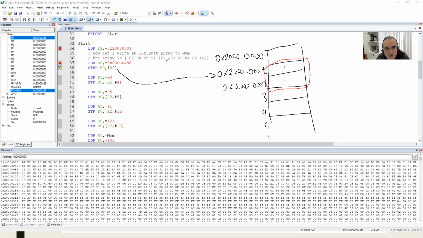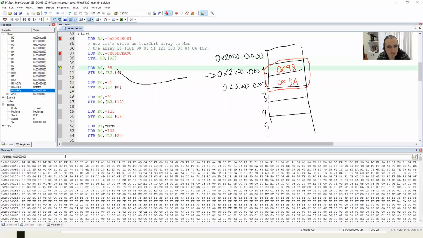And what is it going to write? It's going to write first the least significant byte, which is 98, and the next one is BA. What about the other values? Will they be written? Let's see, guys. I've got the memory here and I make the jump.